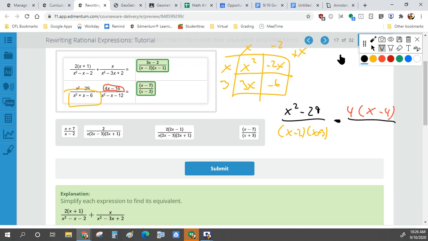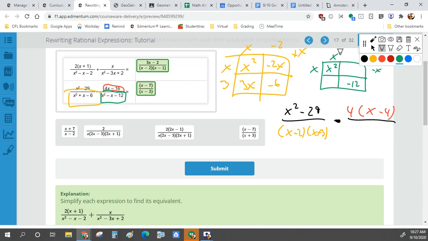And what I'm going to do now is I'm going to do the green in this little box. This is going to be x squared. This is going to be negative 12. I'm going to have a little reminder of negative x right here. So this is x, x. I want my middle number to be negative.